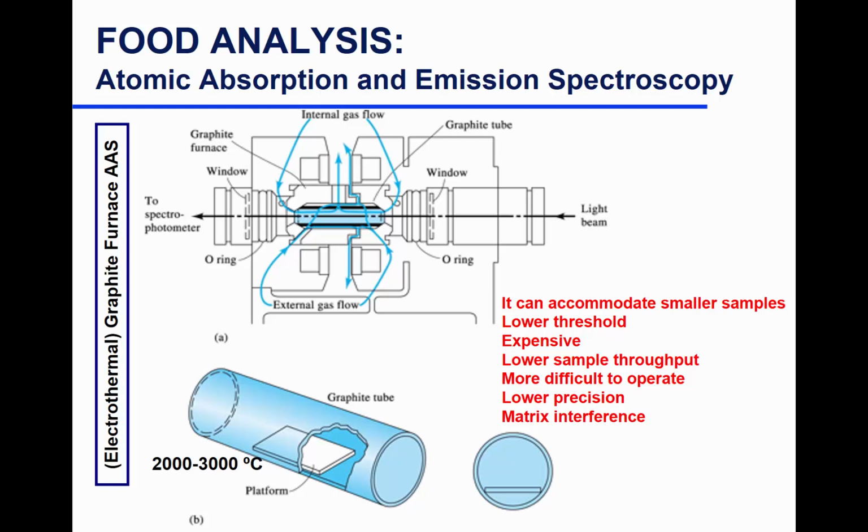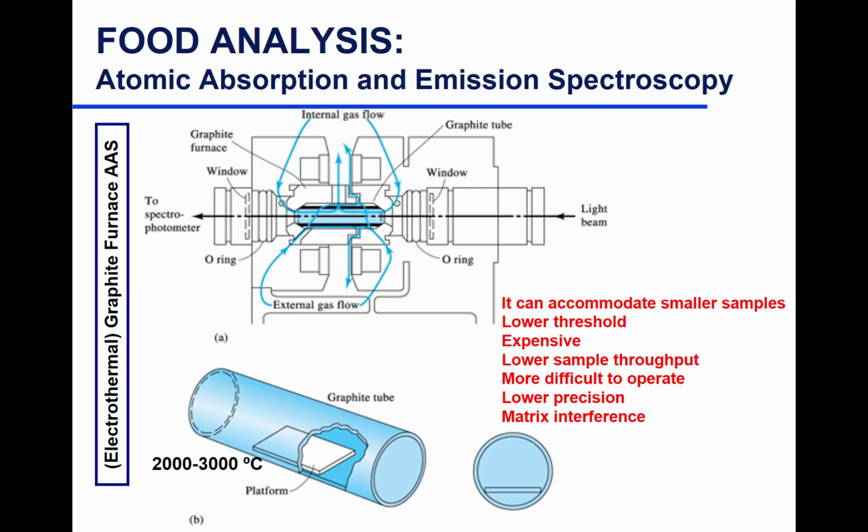So it is expensive to have this unit, and the advantage is you have a lower detection threshold and smaller sample size, so you can use it when you are limited in sample. But the disadvantage is you have lower sample throughput, so it's not as fast as just putting a sample in, taking it out, and putting another sample in.